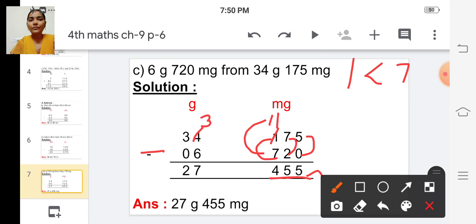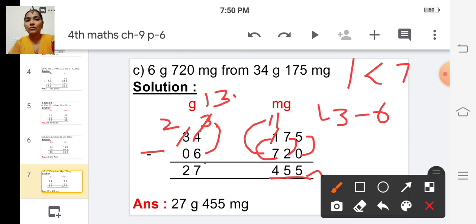In the next place, 3 minus 6 is not possible, right? We cannot subtract 6 from 3. So borrow 110. It will become 2 and this will become 13. Now 13 minus 6 is 7.